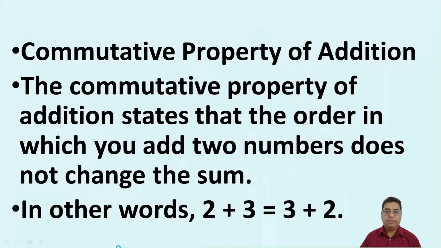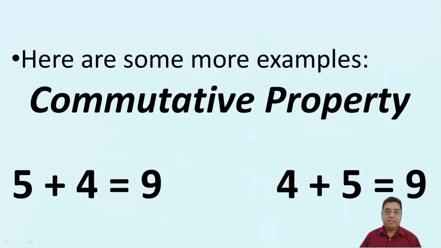The commutative property of addition states that the order in which you add two numbers does not change the sum. In other words, if you have 2 plus 3, it's also the same as 3 plus 2. So here's some examples of the commutative property. We've got 5 plus 4 equals 9, and above me, 4 plus 5 equals 9.